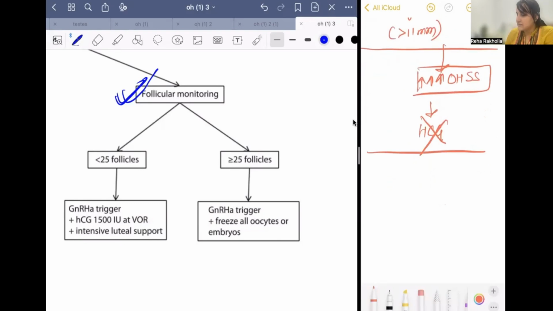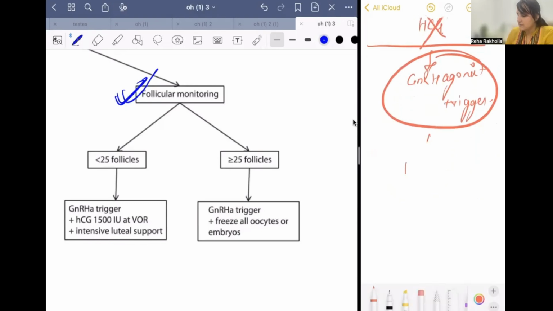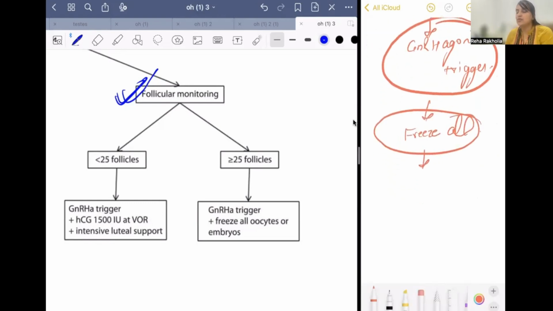In such cases, the best strategy is GnRH agonist trigger combined with a freeze-all approach. By freezing all embryos and delaying embryo transfer, OHSS risk is almost completely avoided, and embryo transfer can then be performed in a later cycle when hormone levels are normalized.